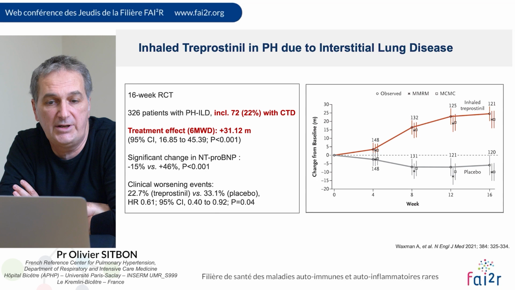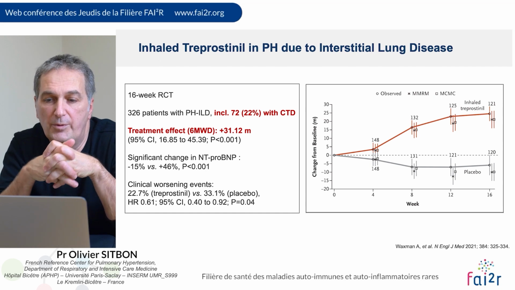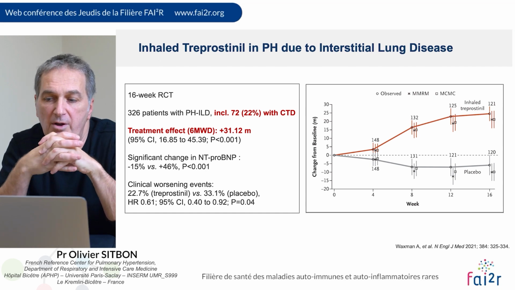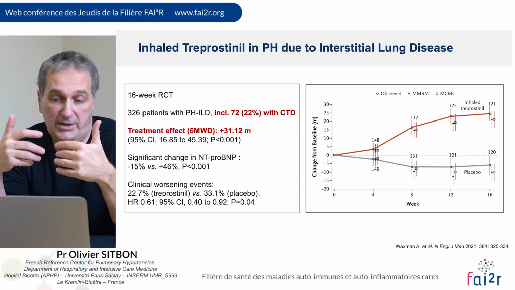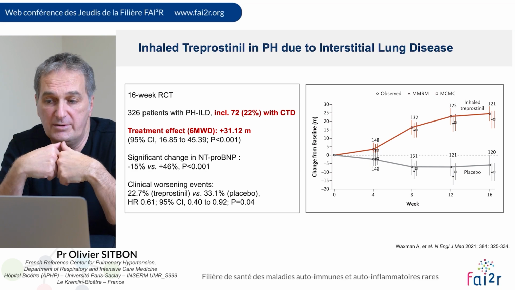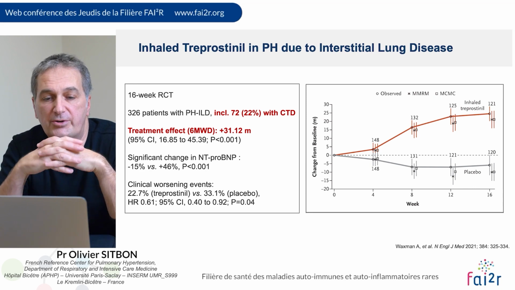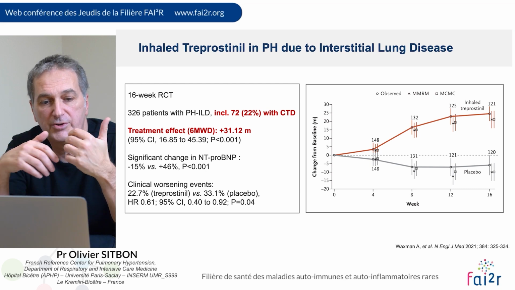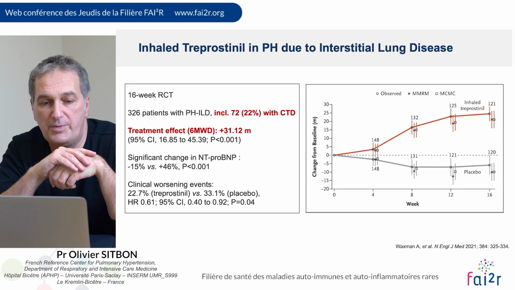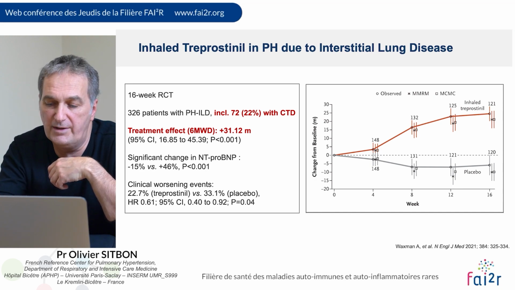And in that study, that included 72 patients with connective tissue disease, representing 22% of the population enrolled in that trial, that trial showed a significant improvement in 6-minute walk distance in patients on active drug as compared to patients on placebo. And also, there was a significant change in NT-proBNP and in the number of clinical worsening events.